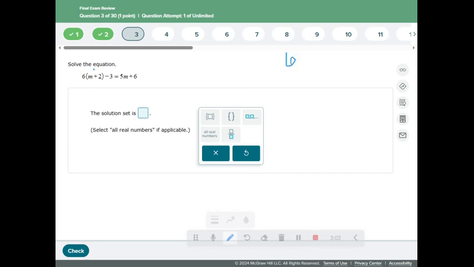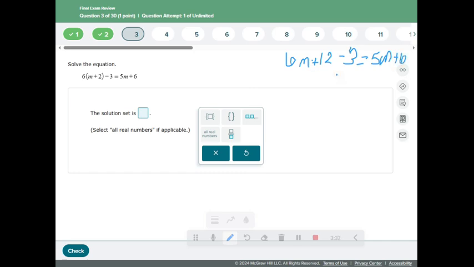We're going to distribute the 6, so we would have 6m plus 12 minus 3 is equal to 5m plus 6.